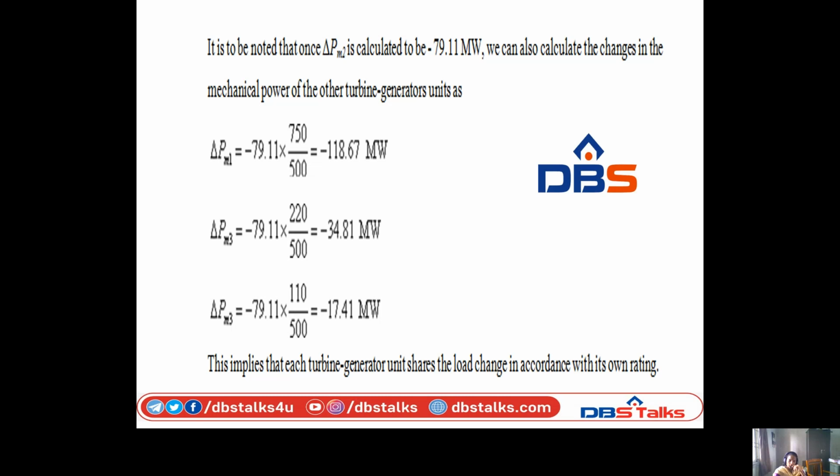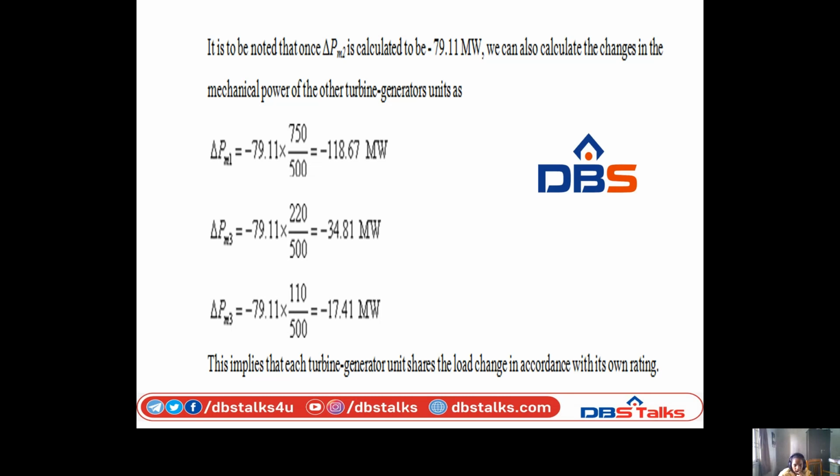And delta PM3 equal to minus 79.11 into 220 by 500, that is equal to minus 34.81 megawatts. Here delta PM4 value will be minus 79.11 into 110 by 500. Then you get minus 17.41 megawatts.